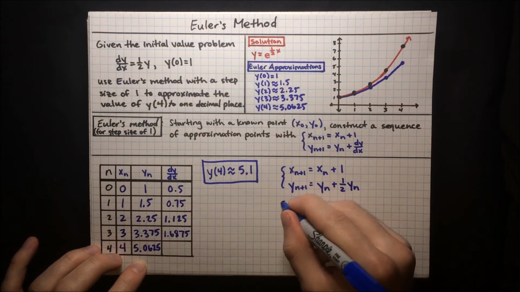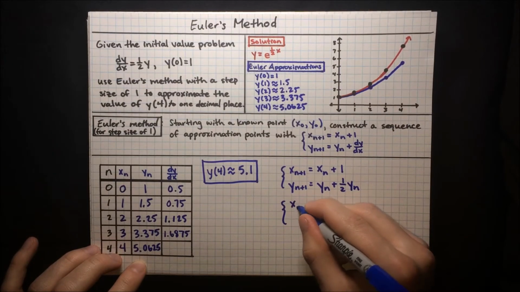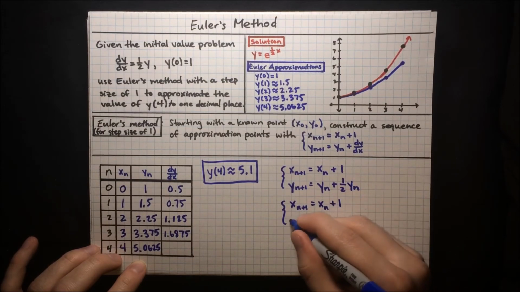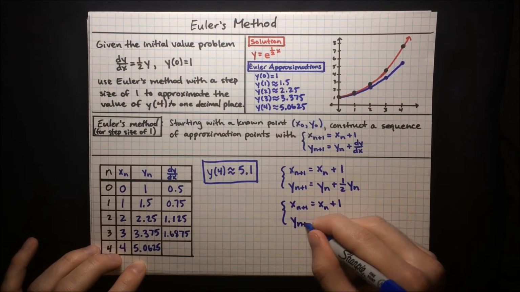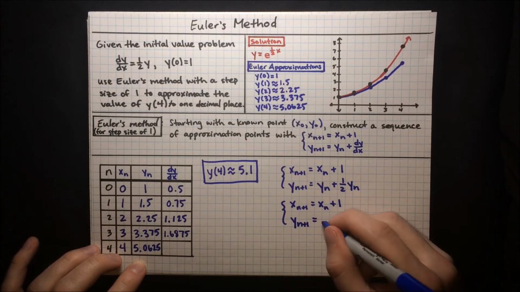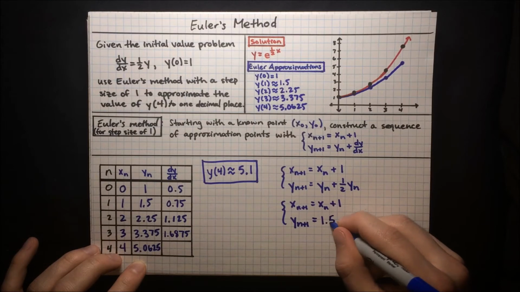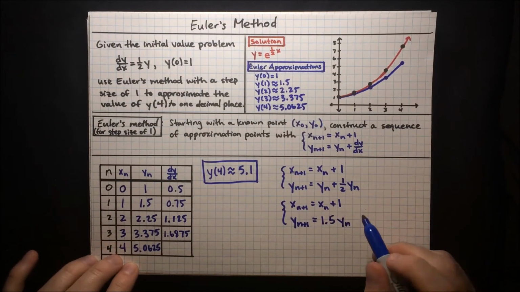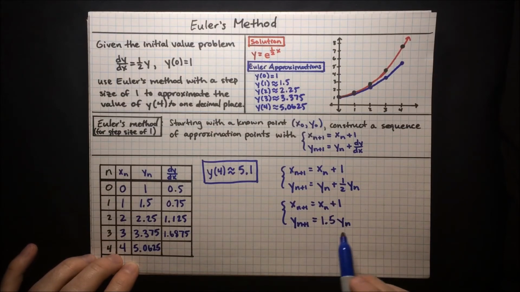We could simplify that: xn+1 equals xn plus 1, and yn+1, well, 1 plus a half is 1.5, so equals 1.5 yn.